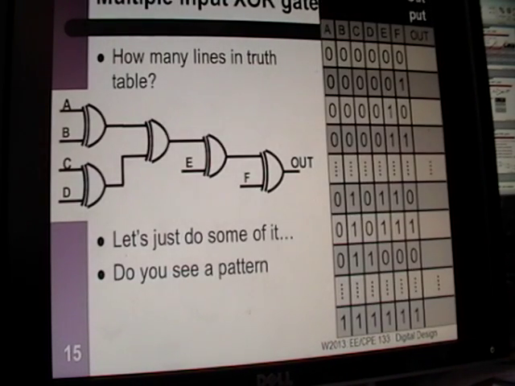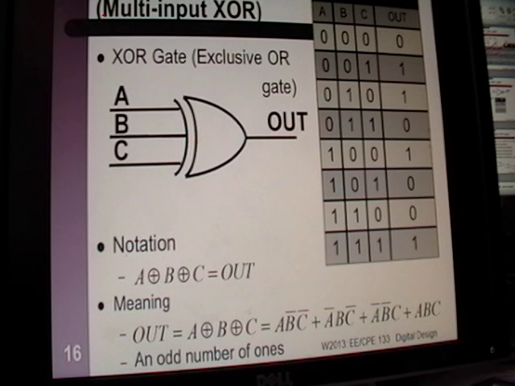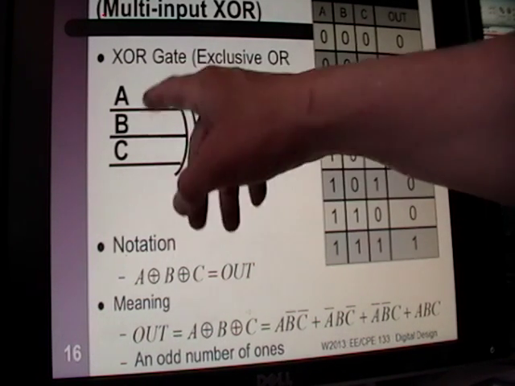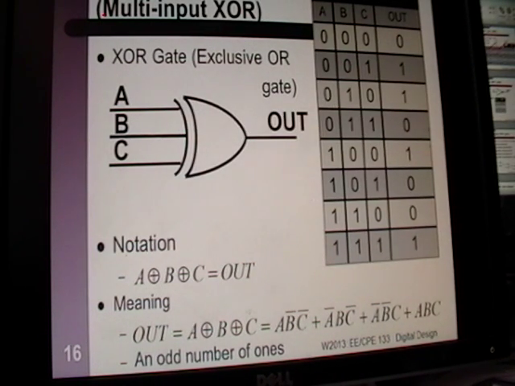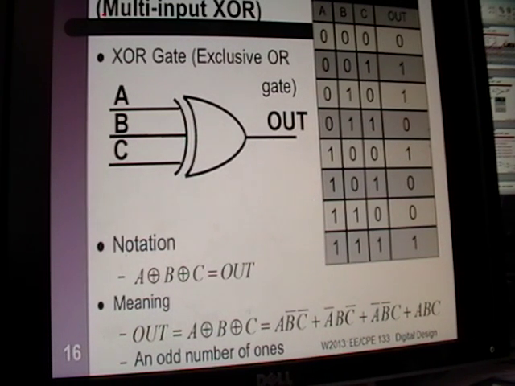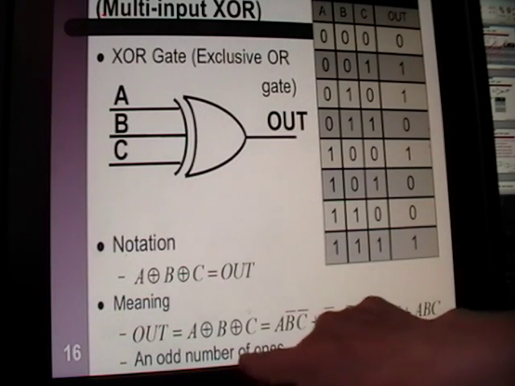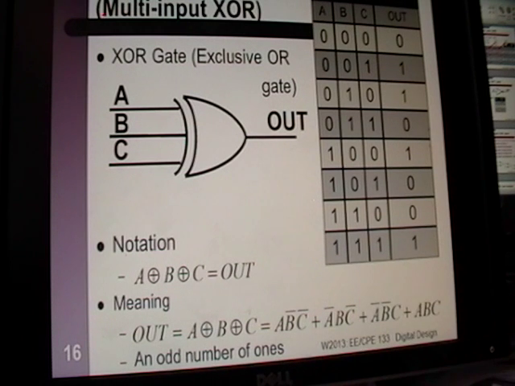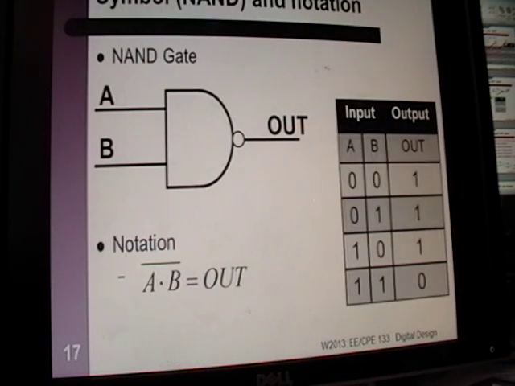Well, let's say I had 3 inputs to an XOR gate. When is that true? The actual rule for XOR gates is that an odd number of inputs are 1. So an odd number of 1s right here makes the output true.